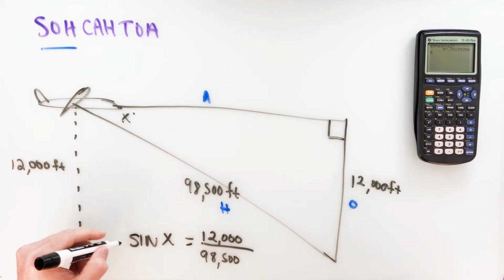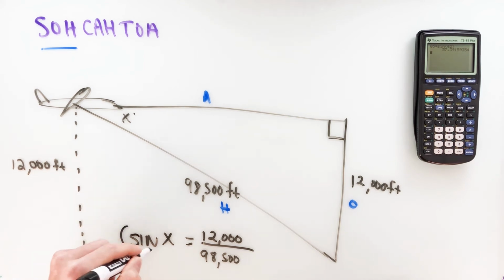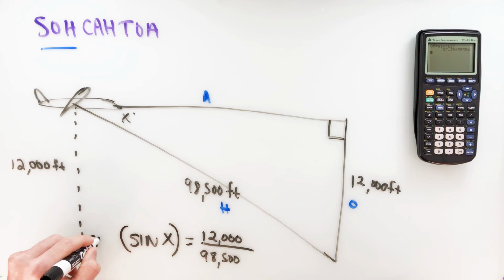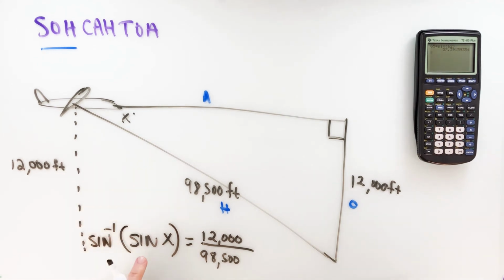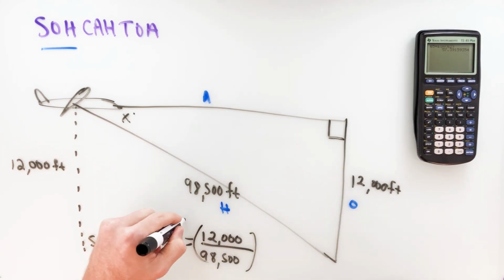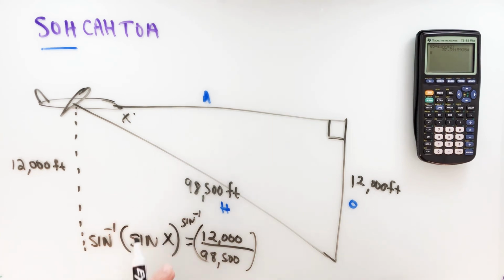I want to take the inverse sine of both sides of this equation. That kind of undoes itself, so sine inverse of a sine cancels it out, and we're just left with x. When I take the sine inverse of this side, I have a function that I can type into the calculator.